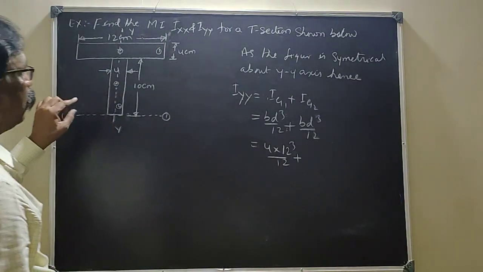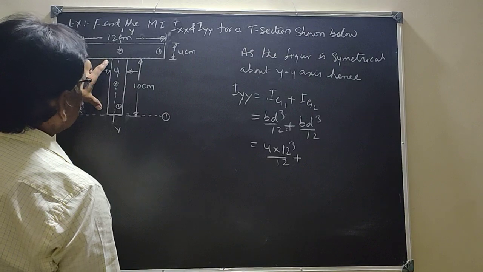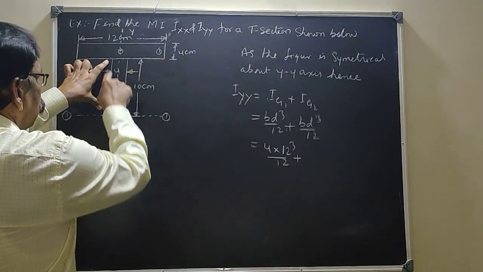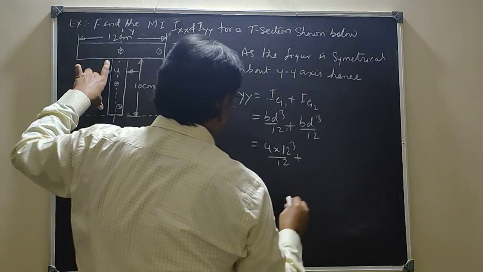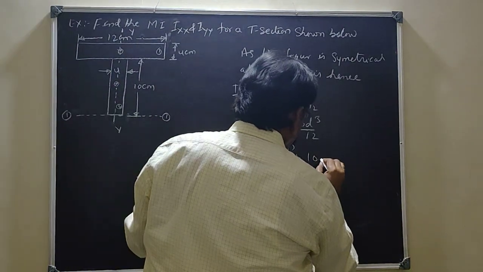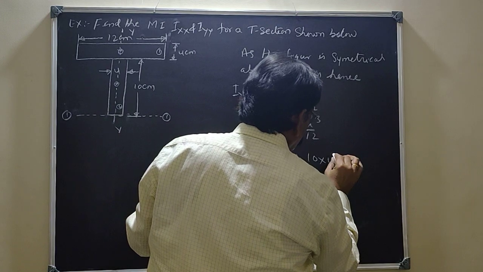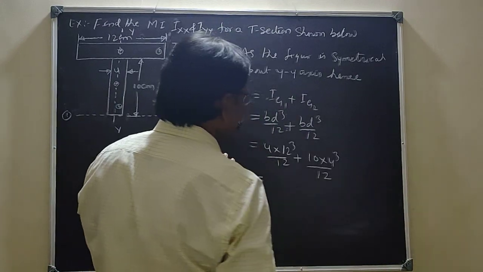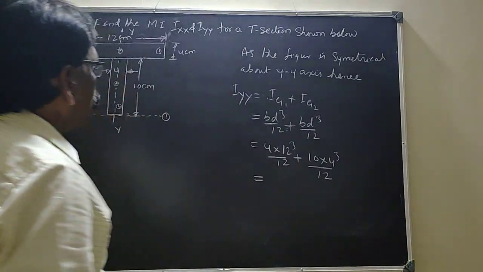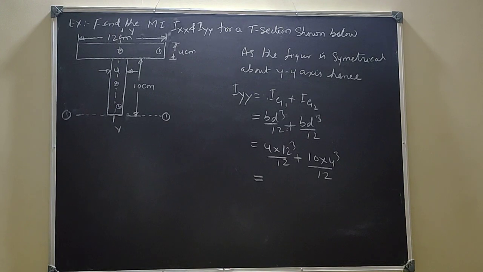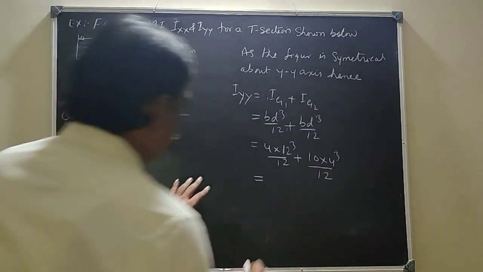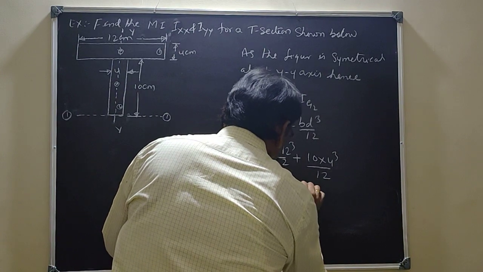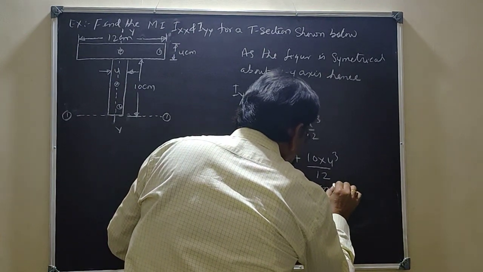BD cube by 12. Now for this one, parallel to this axis, this side will be the B, that is 10 into 4 to the power of 3 divided by 12. So the moment of inertia about the y axis, that is Iyy, works out to be 629.33 centimeter to the power of 4.